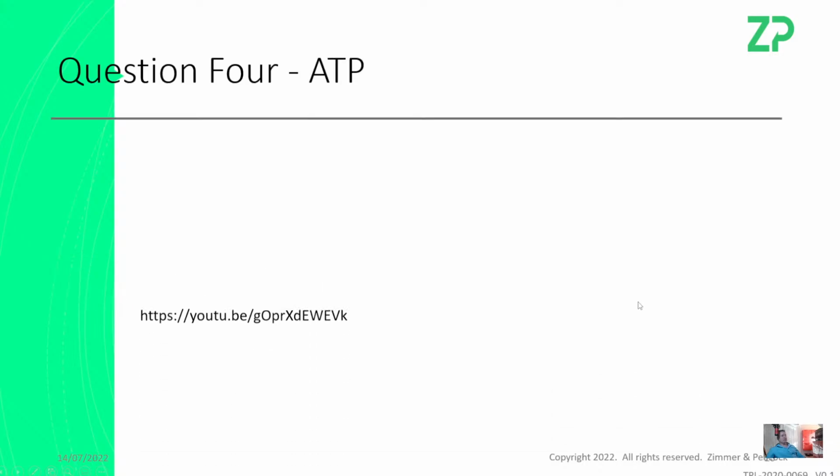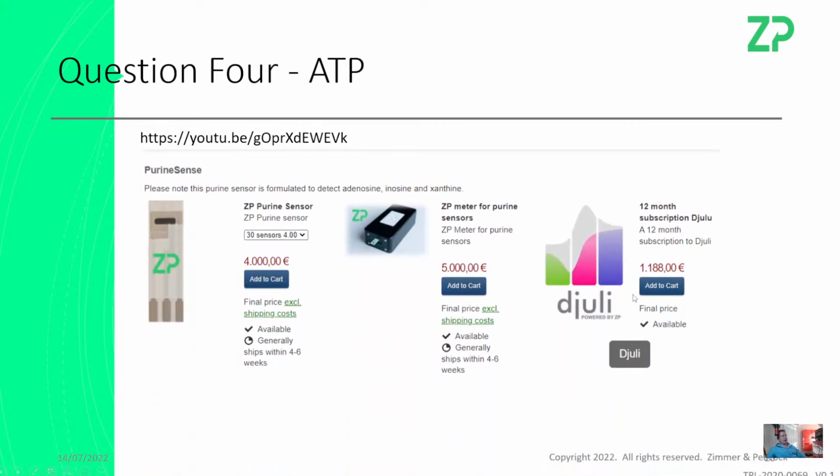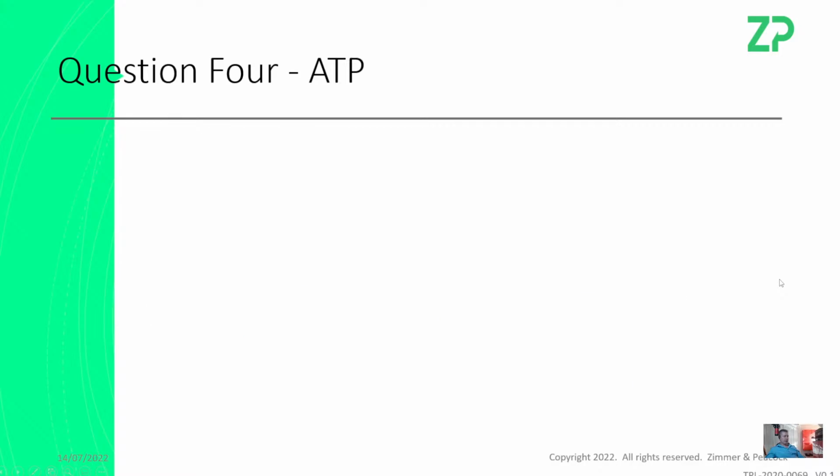Question number 4 is ATP, adenosine triphosphate. So this is just to say that we do have some really intensely good academics working with purine sensors these days. This is a slight side note, but purines are really interesting or indicative of sort of neurological concerns. We became interested because purines are a marker for stroke. I think they're really an indicator of tissue damage, and including tissue damage in the brain.